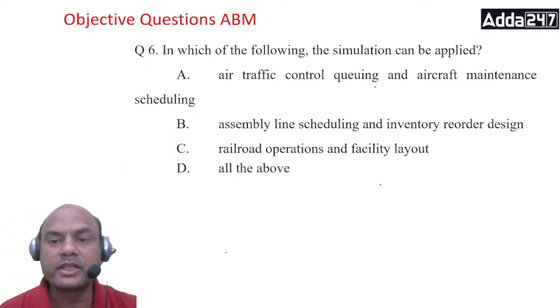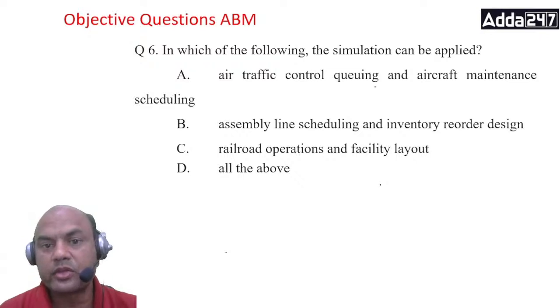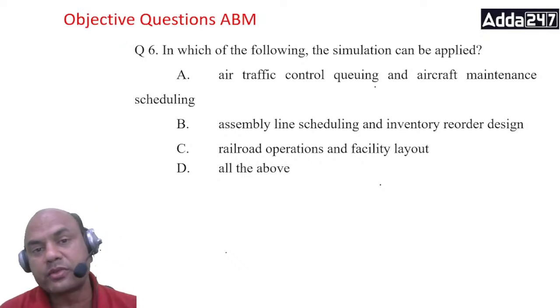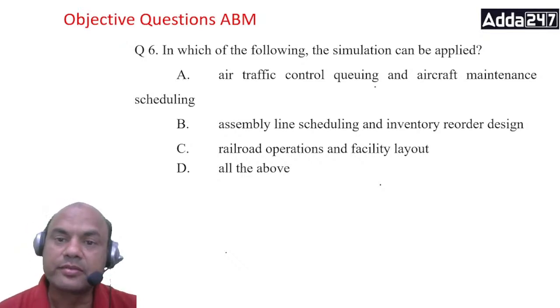In which of the following can simulation be applied? Air traffic control, queuing and aircraft maintenance, assembly line scheduling and inventory reorder design, railroad operations and facility layout, and all of the above. What did we study about simulation now?